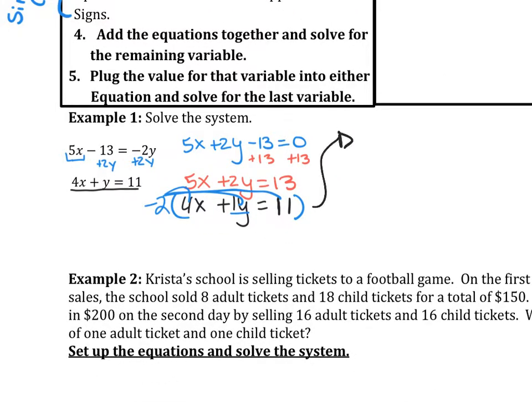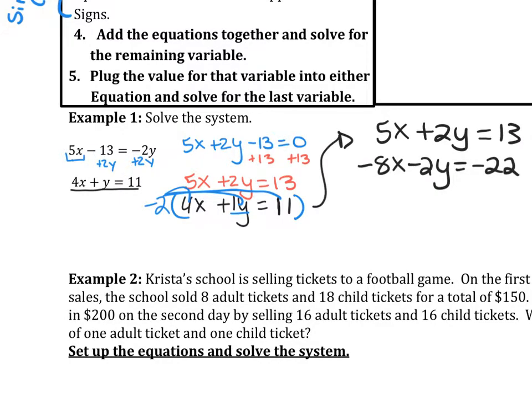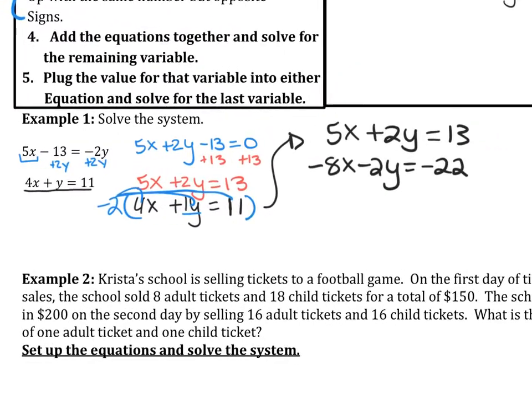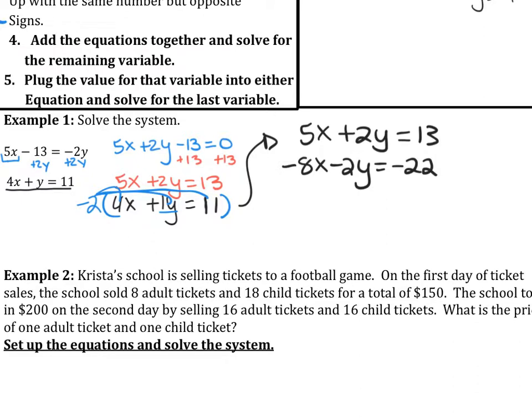Negative 8x, negative 2y, negative 22. I'm going to rewrite my first equation just on top. We didn't change anything there. Okay, so now our y terms have the same number but opposite signs.